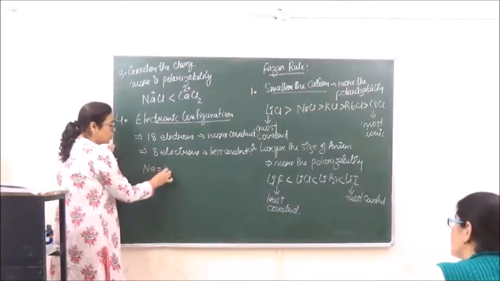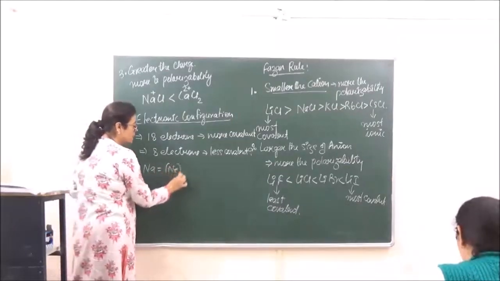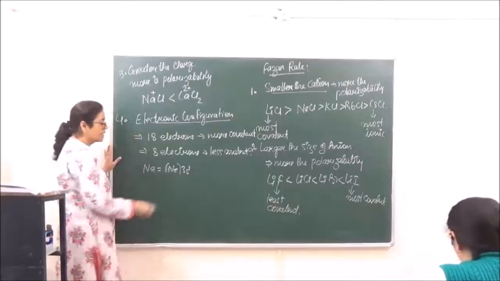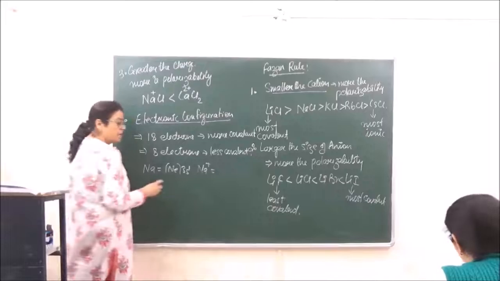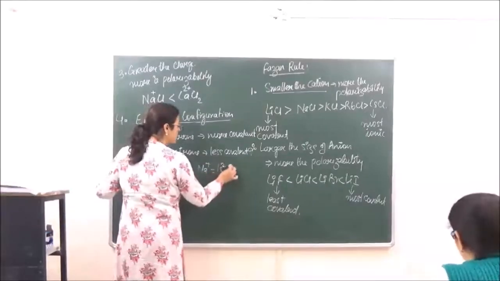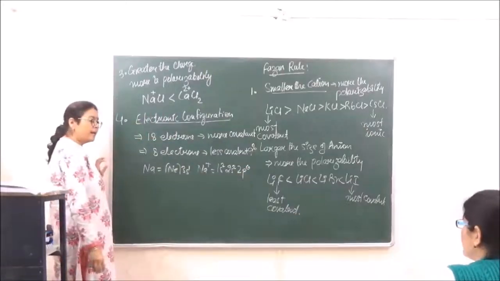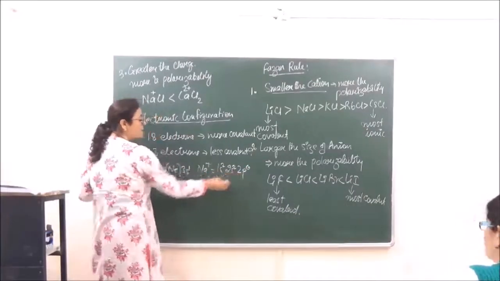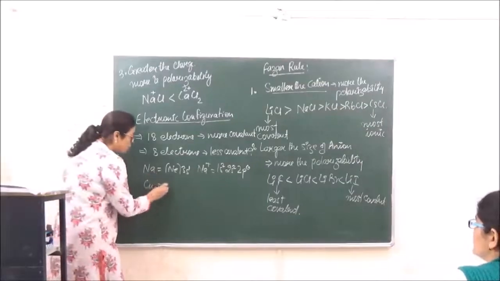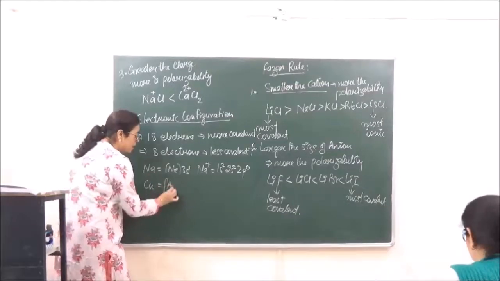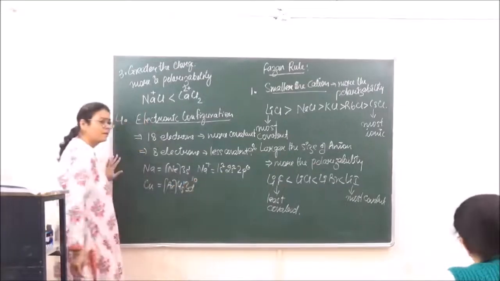We know that the electronic configuration of sodium is neon 3s1. So for Na positive, the electronic configuration is that of neon, which is 1s2, 2s2, 2p6. So in this, the outermost shell has 8 electrons. Whereas when we are talking of copper, the electronic configuration of copper is argon 4s1 3d10.